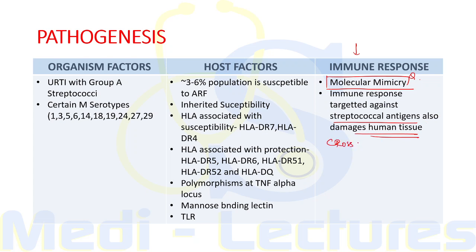So the antibodies which have been formed against the bacteria will also cross-react with the human tissue and damage it. So what are the streptococcal antigens against which these antibodies are forming? These include the M protein of the bacteria as well as N-acetyl glucosamine.